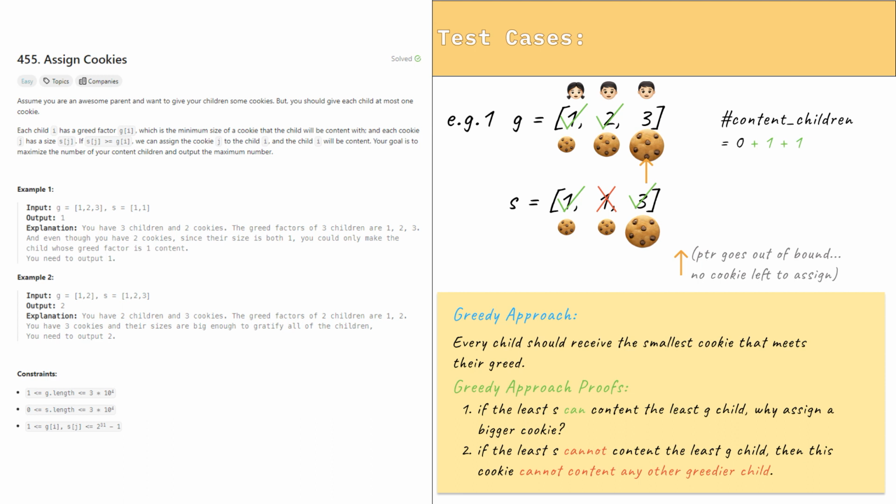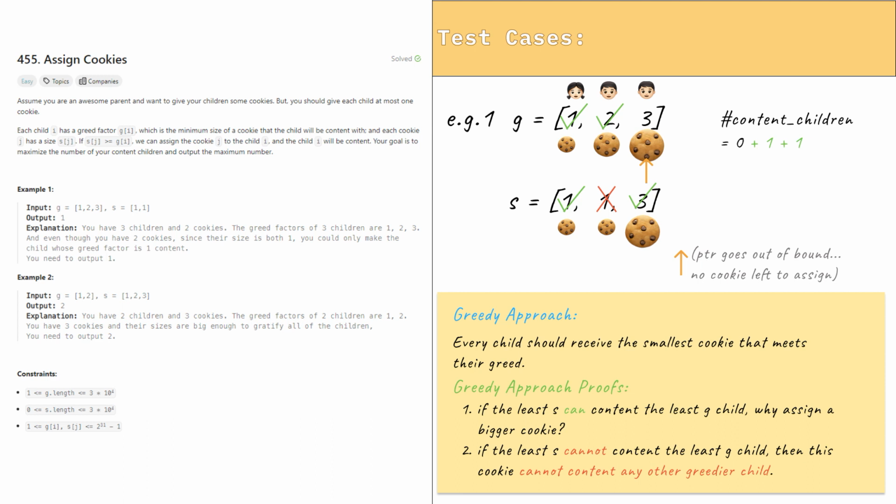The rationales behind our greedy approach are the following. First, we sort the kid list and the cookie list in ascending order so we can find the current least greedy child and also the smallest cookie easily. If the current smallest cookie can contain the current least greedy child, then why would we assign this child with a bigger cookie?